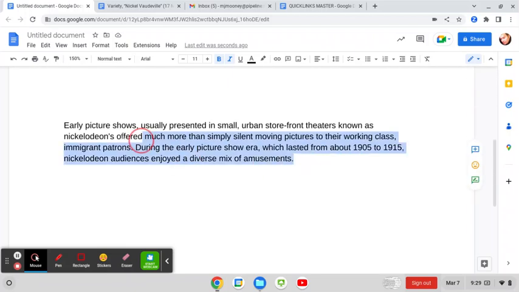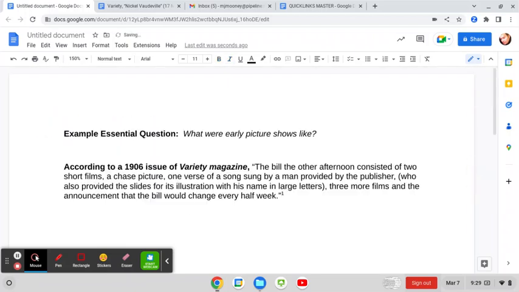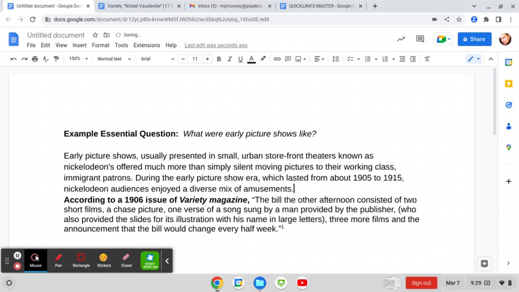Well, you might be making an argument like this, because remember, the question is, what were early picture shows like? Well, you make an assertion, an argument. Early picture shows, usually presented in small urban storefront theaters known as Nickelodeons, offered much more than simply silent moving pictures to their working class immigrant patrons.